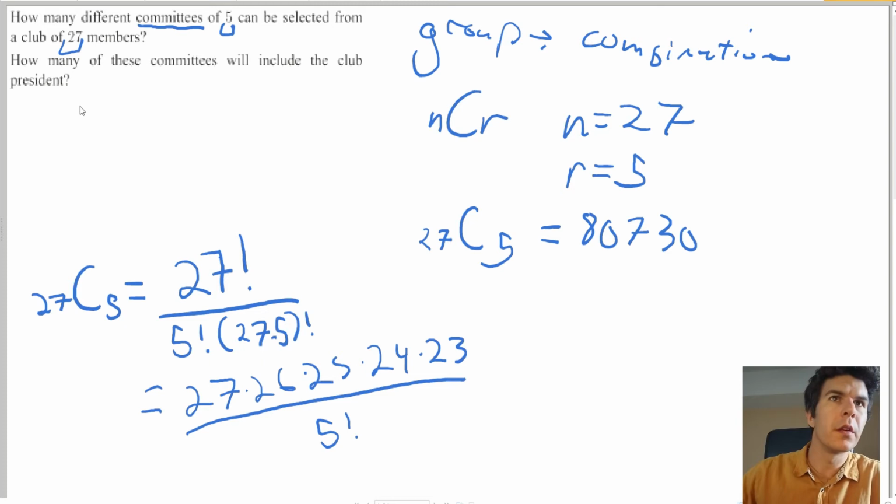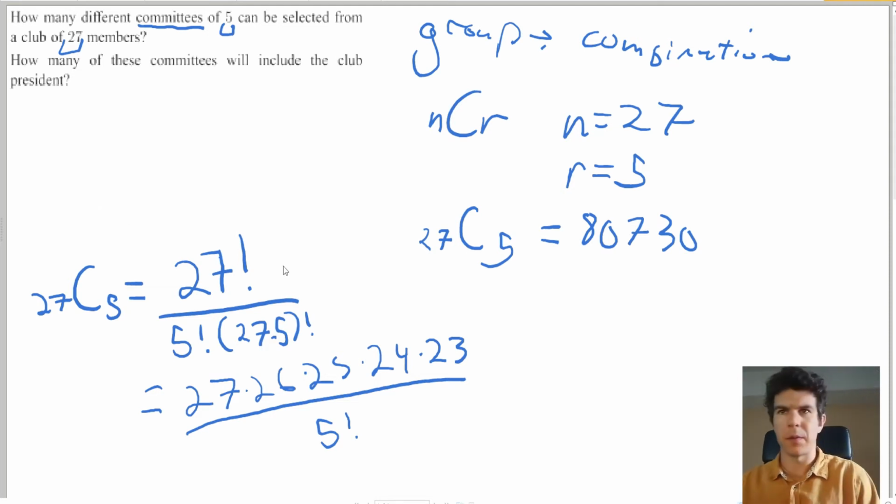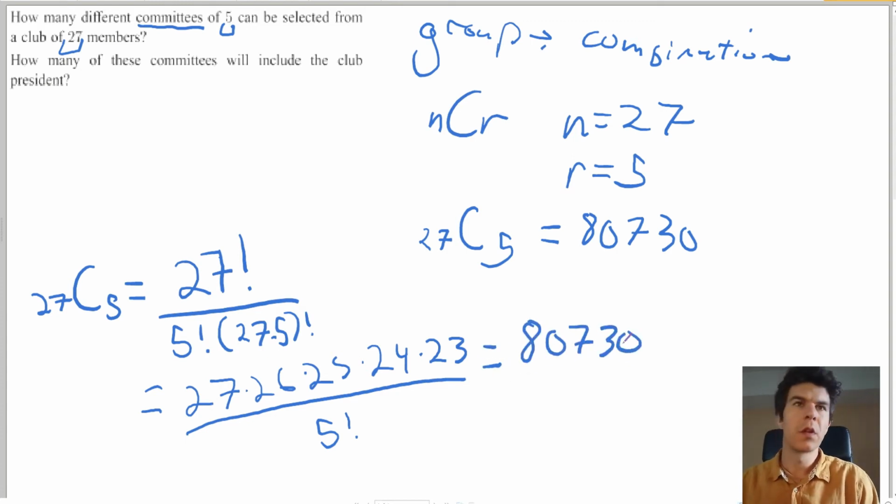You can see why we use the choose notation as opposed to doing this. Divided by 22 factorial. And we get the same number. So we're happy.